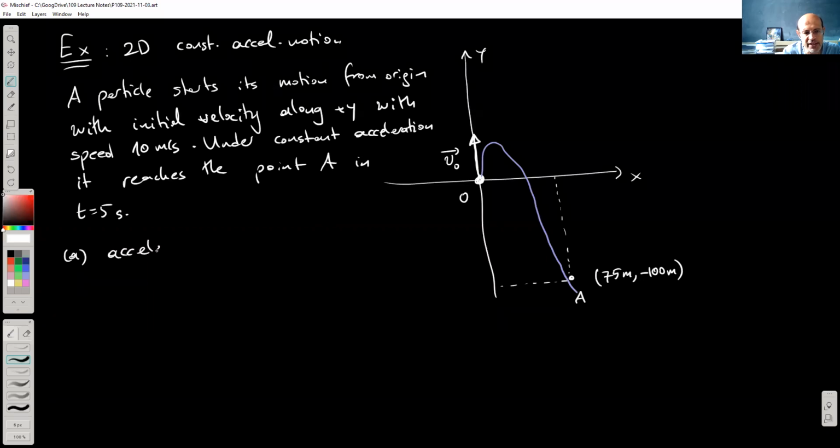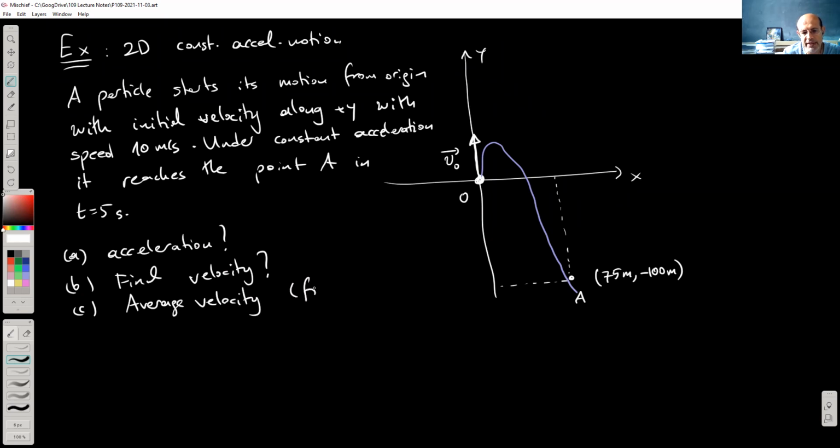So the questions are, what's the acceleration? Part B, final velocity. All right, part C, average velocity during that time interval, but find it by using two different methods.